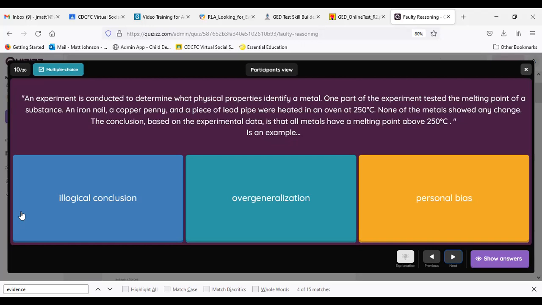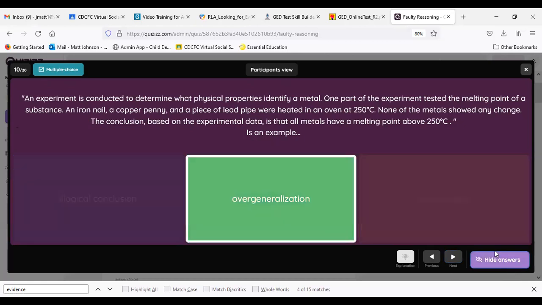None of the metals showed any change. The conclusion based on the experimental data is that all metals have a melting point above 250 degrees Celsius. It's an example of an illogical conclusion, overgeneralization. B. Yeah, it should be an overgeneralization, right?